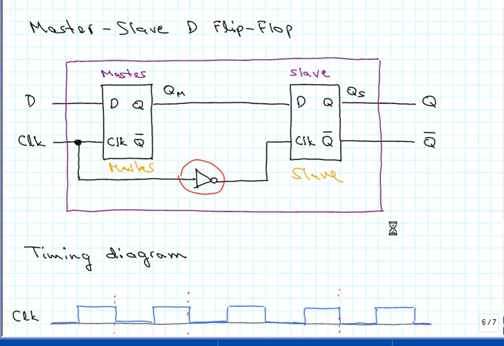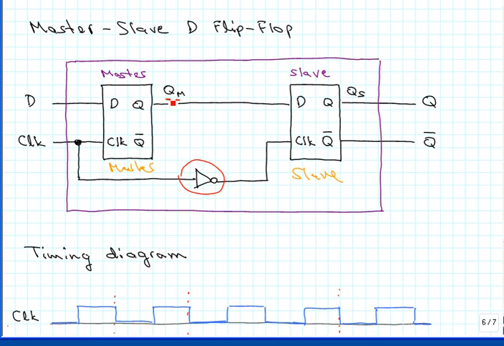And so what's going to happen then is that the master is following the data at the time when the clock is high, and then when the clock goes low, the contents of the master are frozen, and the output from the master is then actually being transferred to the slave, because as soon as the clock here goes low and the master is disabled, then the slave gets enabled.